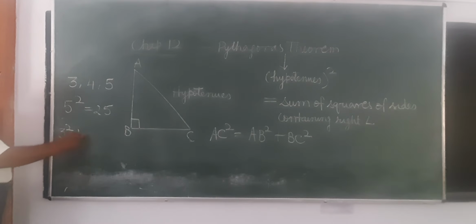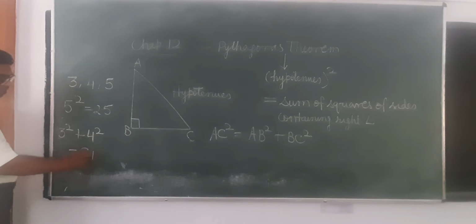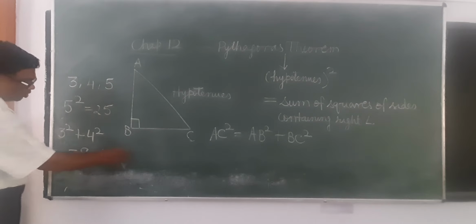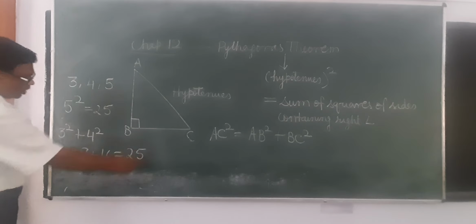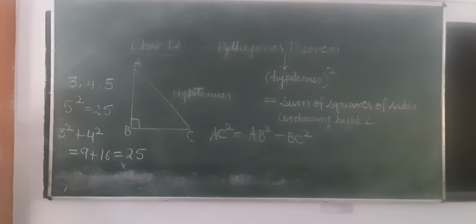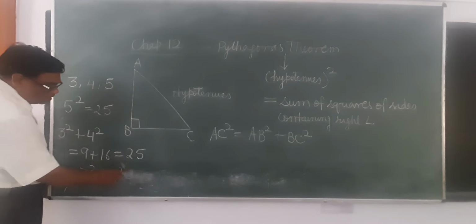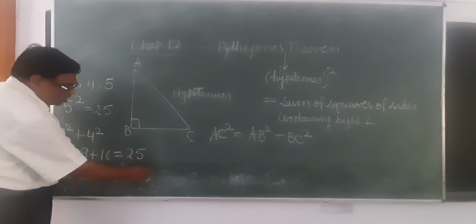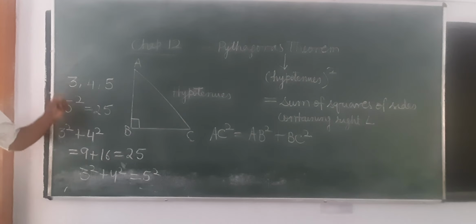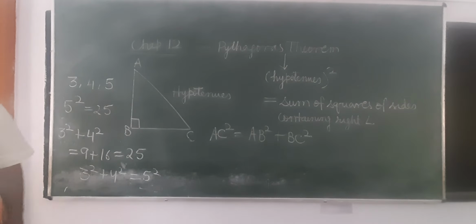That is 3 square plus 4 square equals 9 plus 16 equals 25. So you can see here that since 3 square plus 4 square equals 5 square, therefore these are the sides of a right angle triangle.